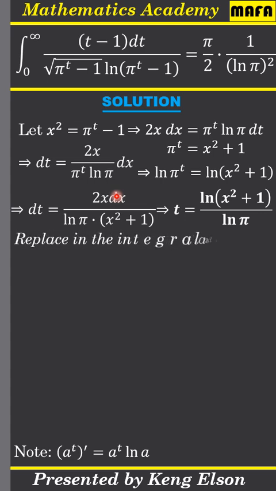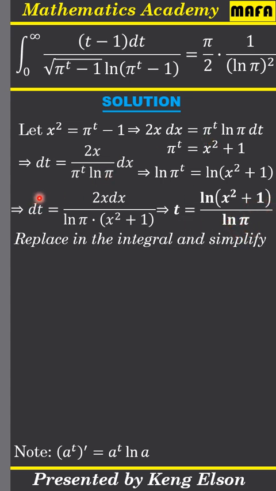So if I replace in the integral and simplify, what we are going to have is this. We have to replace x squared with pi to the power t minus 1. We have to replace t with ln of x squared plus 1, all divided by the ln of pi.